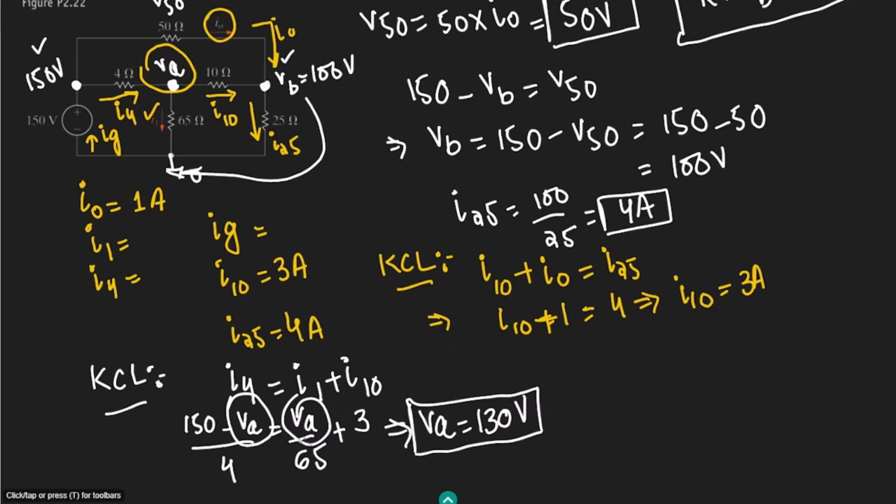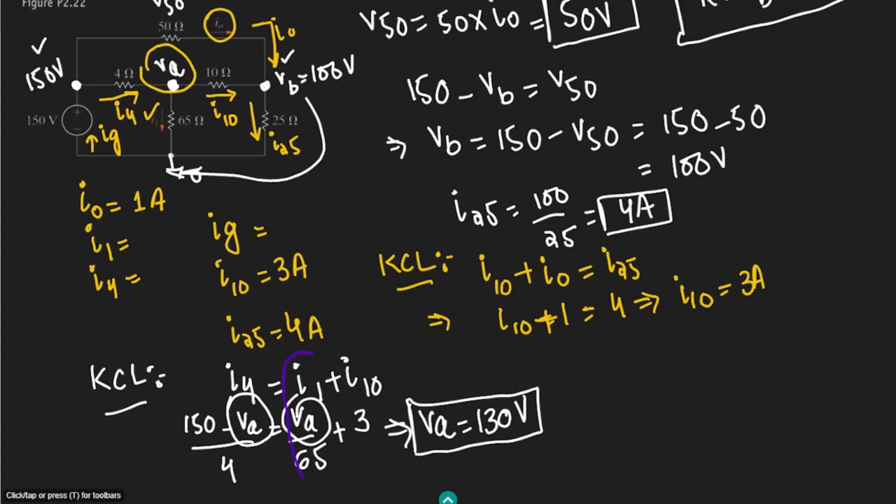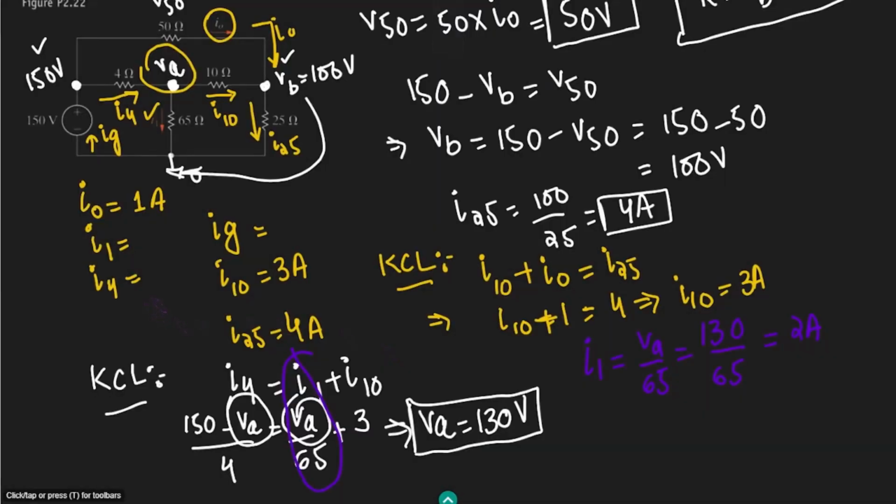So from this formula, we can clearly see that the value of I1 is equal to VA divided by 65. The value of VA is 130 divided by 65, so we will get 2 amperes. So the value of I1 is 2 amperes.